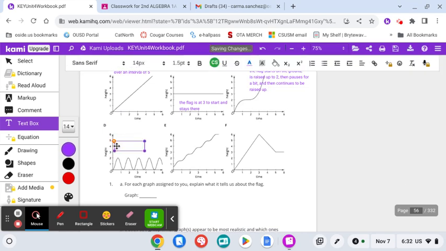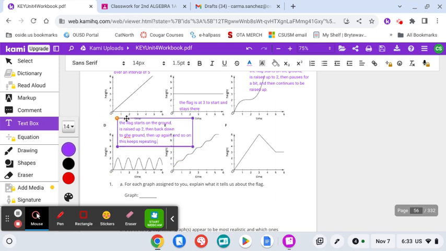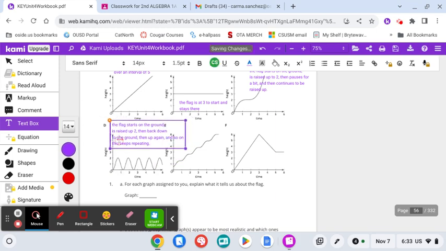Here the flag starts on the ground, is raised up 2, then back down to the ground, then up again, and so on. This keeps repeating. So down, up, down, up, down, up. Look at that little graph.